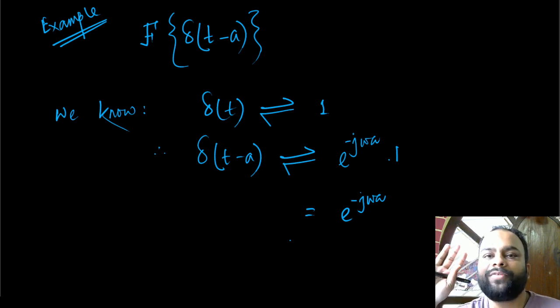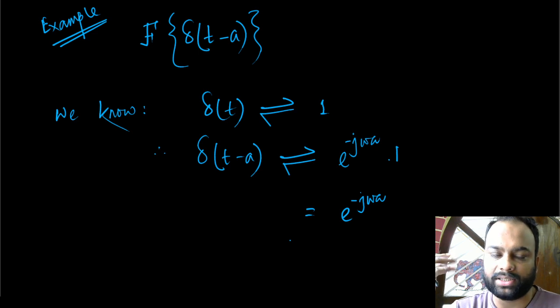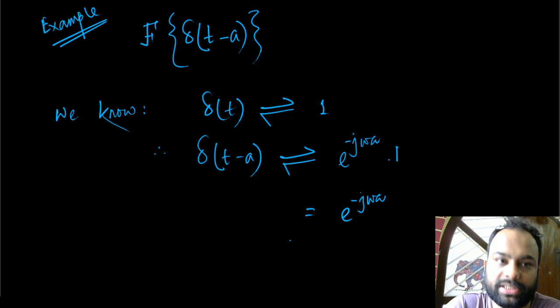So if I know the Fourier transform of the original and unshifted signal, then we can calculate the Fourier transform of the shifted signal as well.